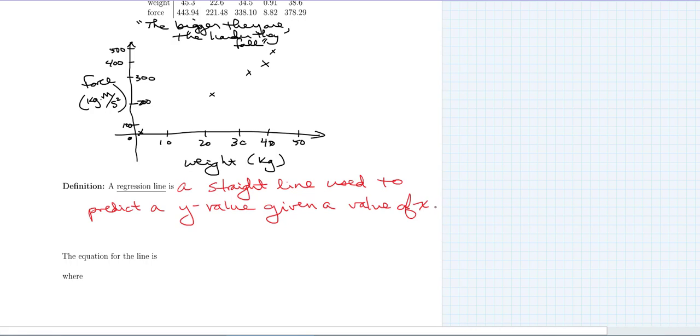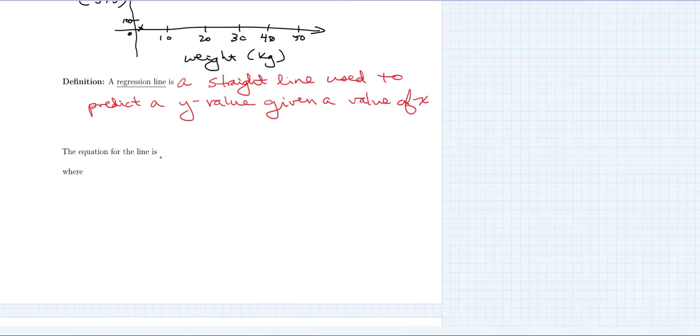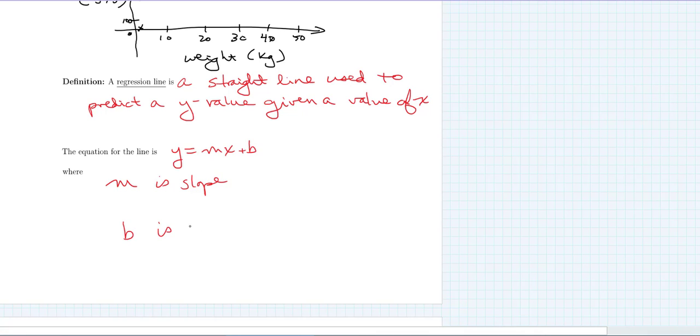Okay, so let's just remember what we know about lines. Well, we know that the equation for a line, which we learned in algebra, is y equals mx plus b, where x is our input and y is our output, and we know that m is our slope and b is the y-intercept, or the vertical axis intercept.